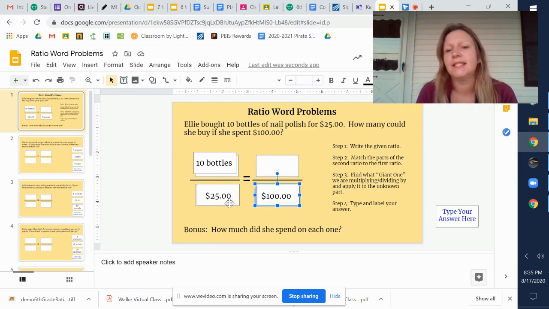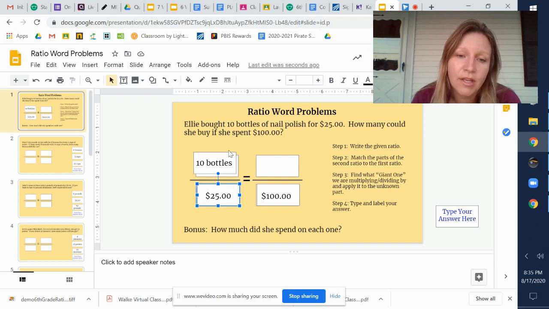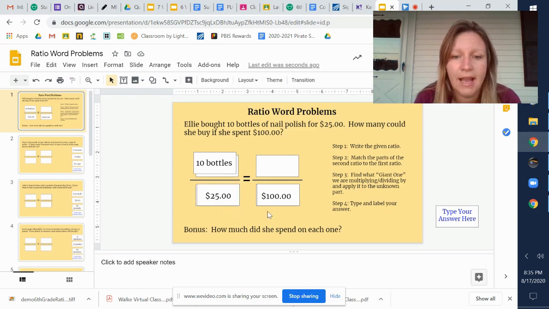The third step is to find what giant one we're multiplying or dividing by and apply it to the unknown part. If we look up here, I have no idea what I'm doing to 10 to get the unknown box. So I have to rely on the bottom, what I do know. I know that I started with 25 and I'm going to 100. What do I do to 25 to get 100?